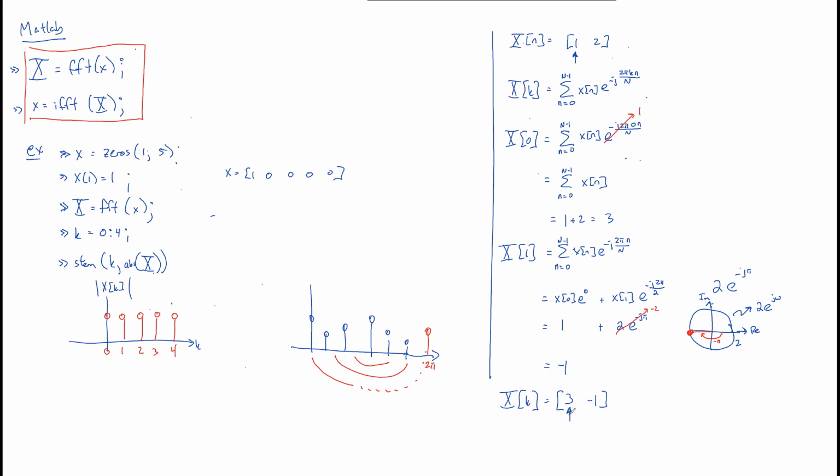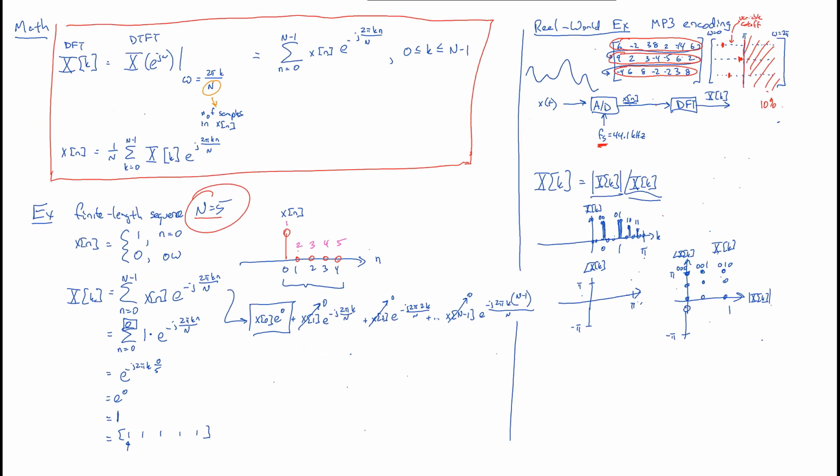Sir, can you go back to the last page real quick? Sure. Where you have n equals 5 circled, down and right of that, where it's the stem plot of x of n, I think those are in gray, the indices above the values.